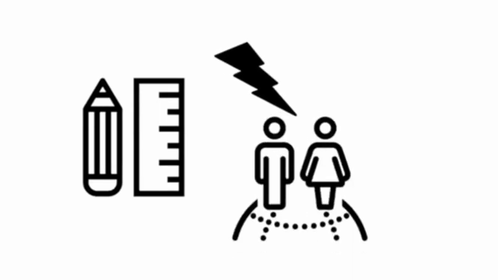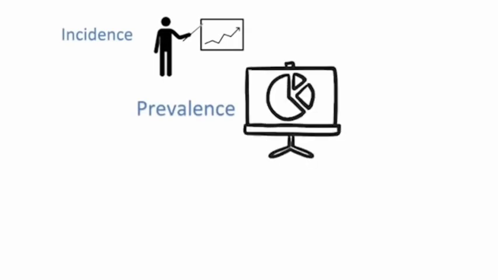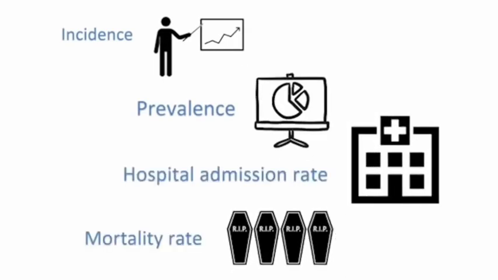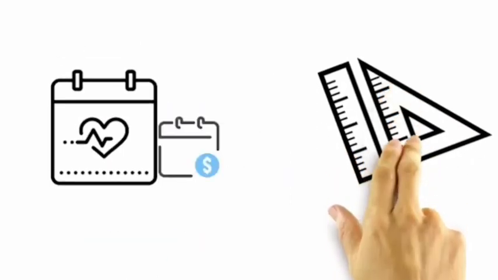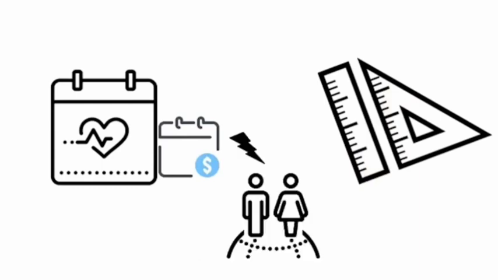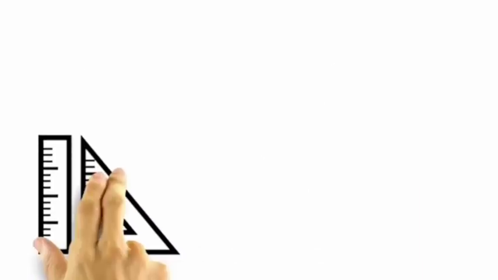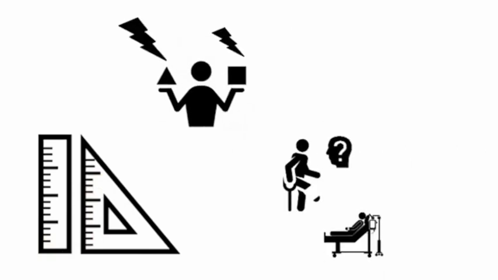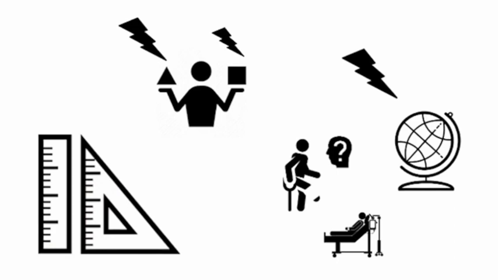How do we measure the impacts of a health problem? We can measure incidence, prevalence, hospital admission rate, mortality rate. But for health planning, we need more accurate indicators that reflect the true impact of a health problem on the population. Indicators should be able to compare the impact of different health problems and specific health problems across health systems.